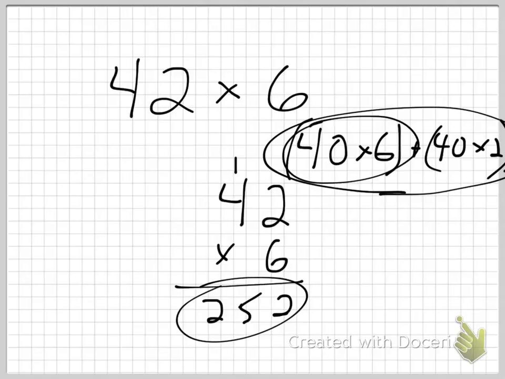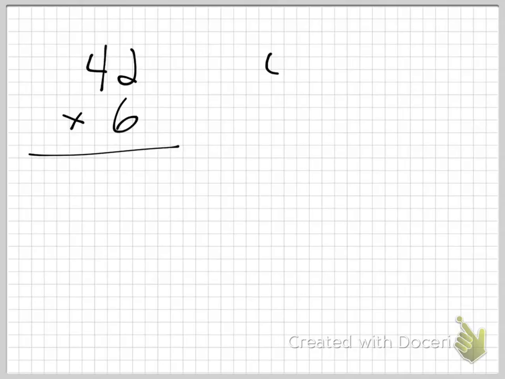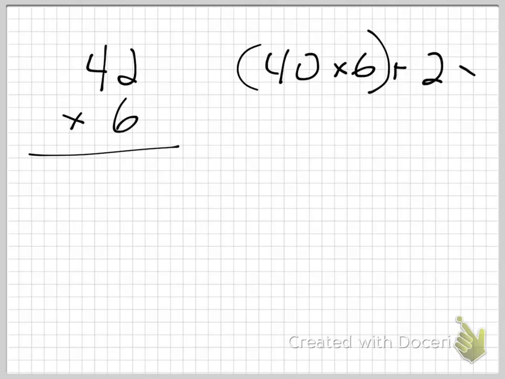What is 40 times 6? 240. Hold on a second. That is all a mistake here. That is not what I meant to do. 42 times 6 is the same thing as 40 times 6 plus 2 times 6.